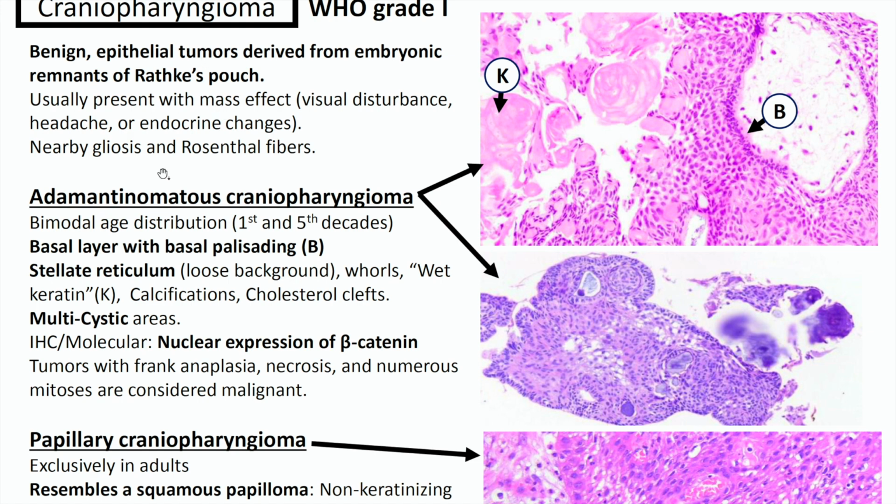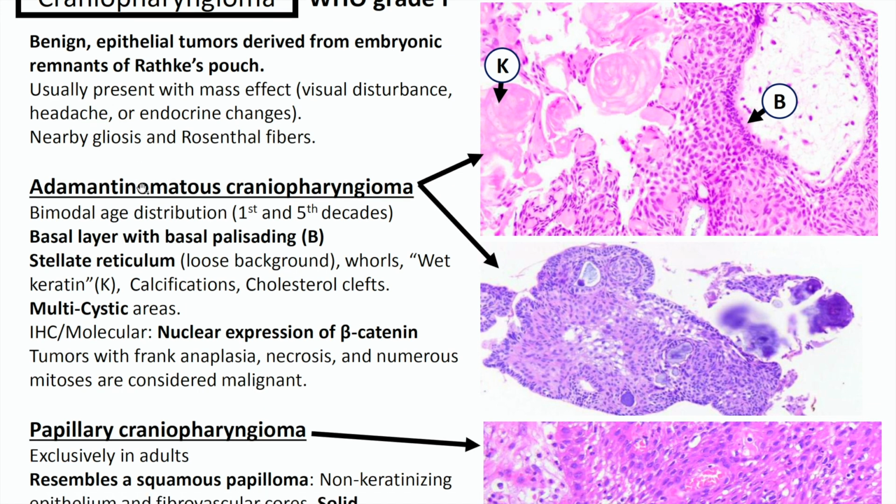So adamantinomatous craniopharyngioma has a bimodal age distribution of the first and the fifth decades, with the basal layer with basal palisading, as we see here. Stellate reticulum, or a loose background, whorls, wet keratin, as we see here. Calcifications and cholesterol clefts, with multicystic areas, and then nuclear expression of beta-catenin on IHC or molecular.